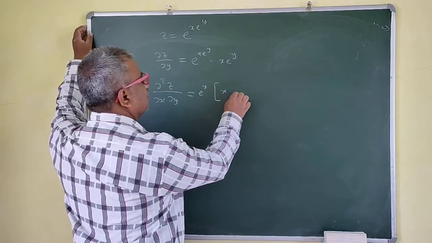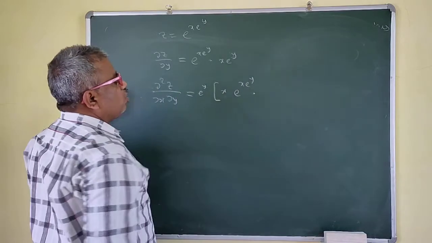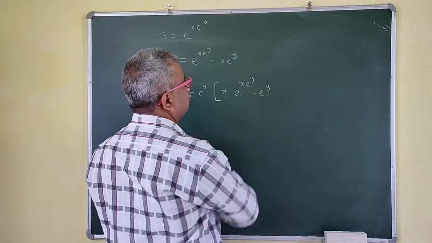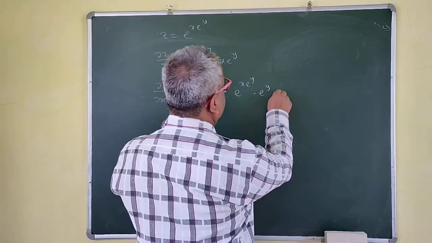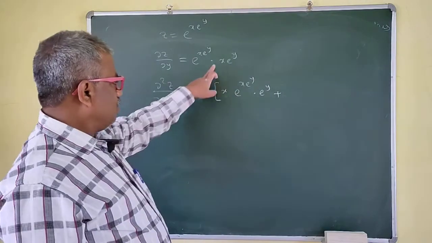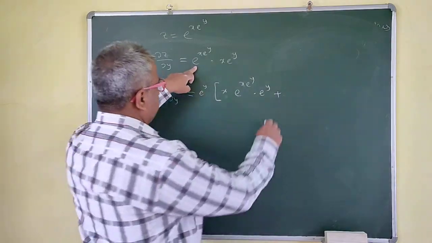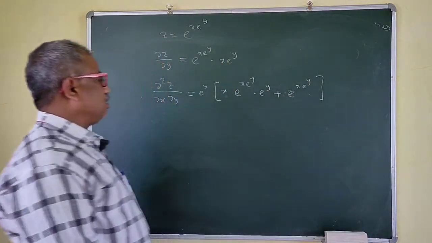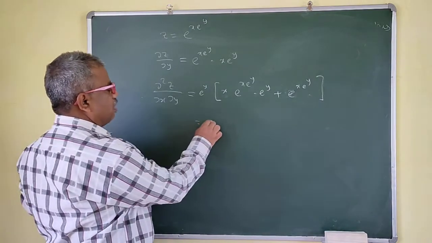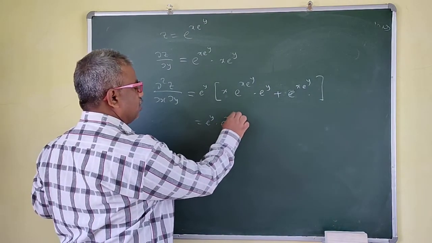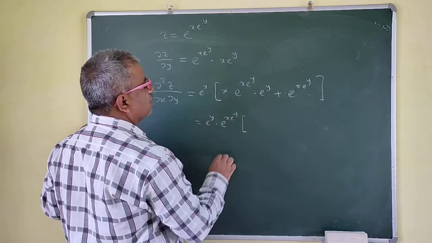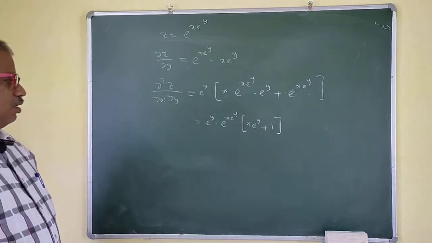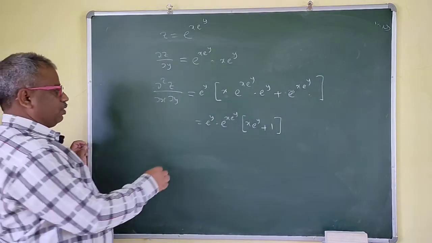So x will be as it is, e^(x e^y) into the derivative of something partially with respect to x, so this is e^y, plus x e^y as it is into the derivative of x. So we write e^y into e^(x e^y), taking this as common: x e^y plus 1. So this is your second order partial derivative with respect to x.